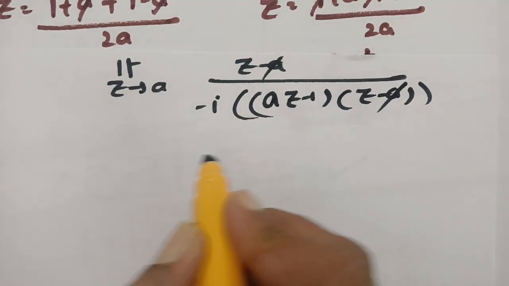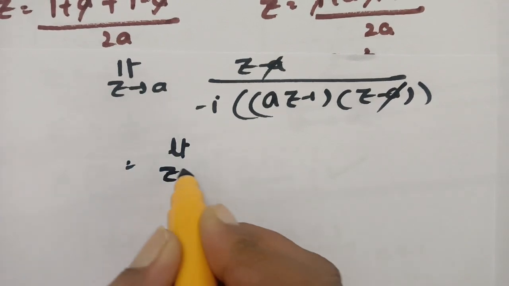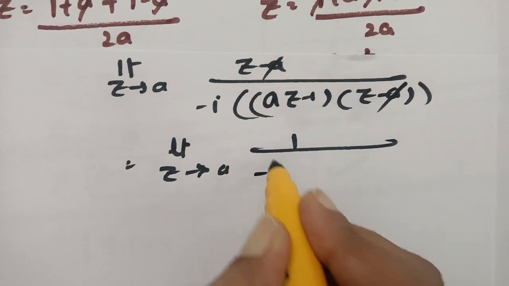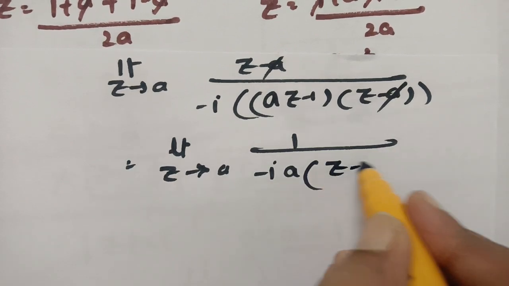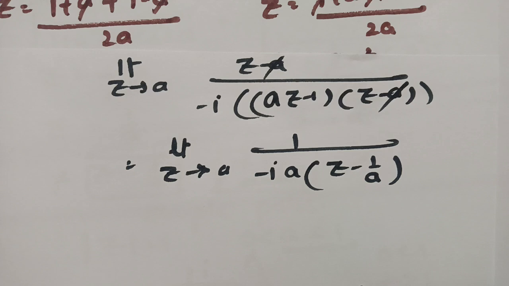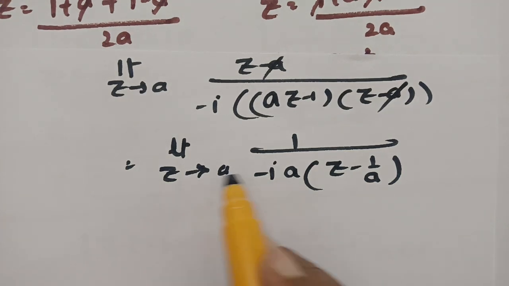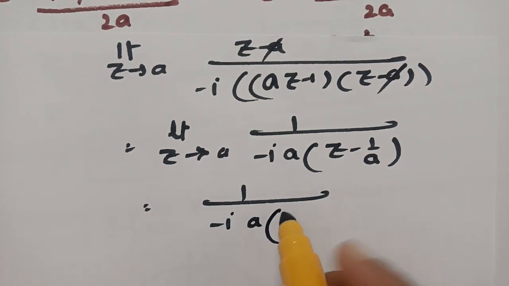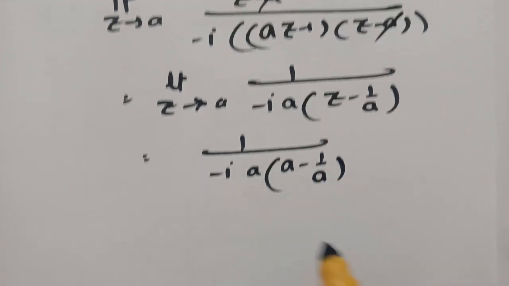So this can be written as limit z tends to a, this value is 1 by minus i times of, if I take a common, this will be z minus 1 by a. Now if I substitute z as a, this will be minus i times of a into a minus 1 by a.